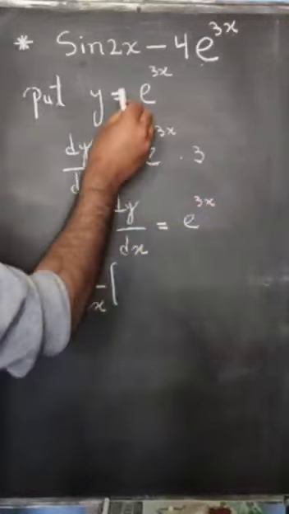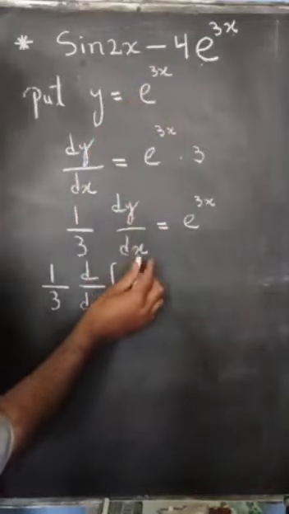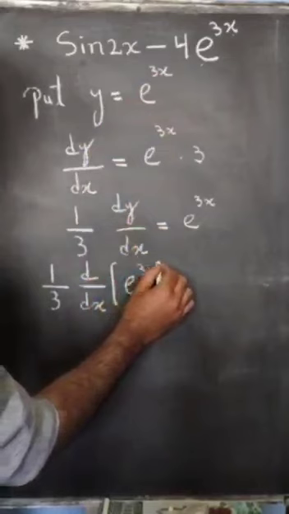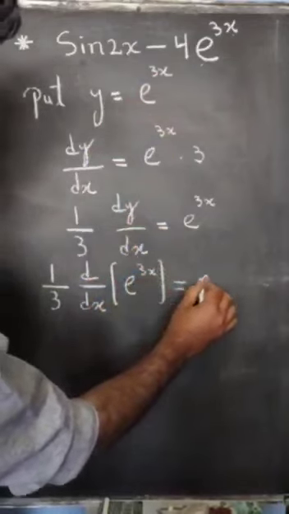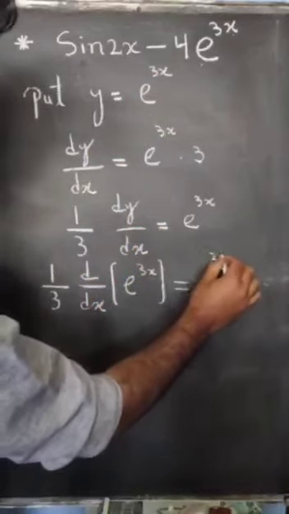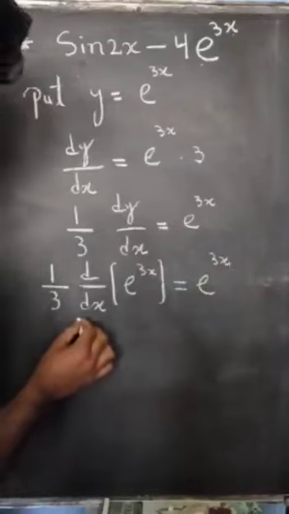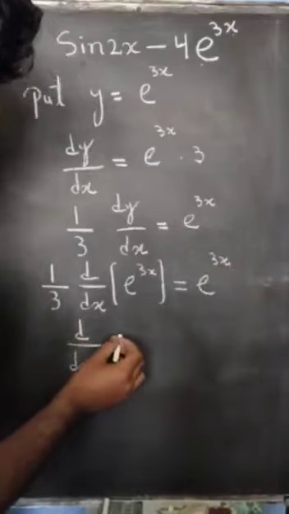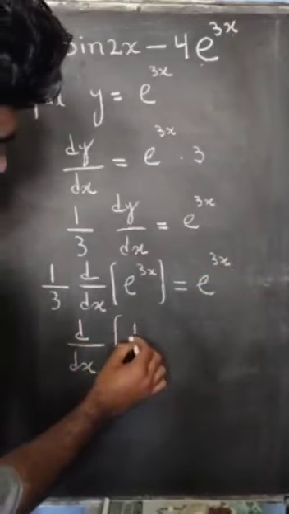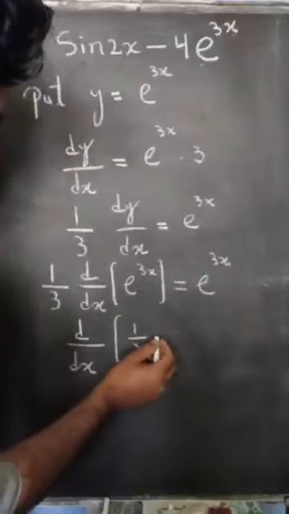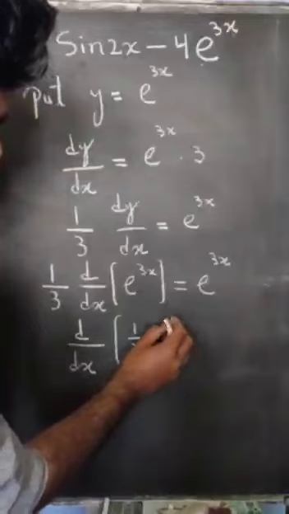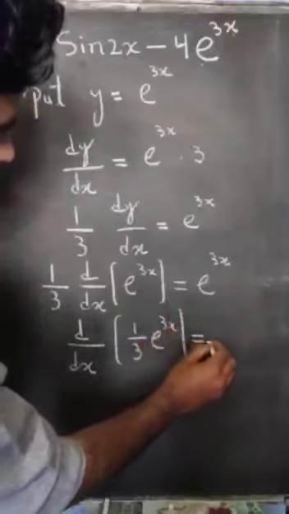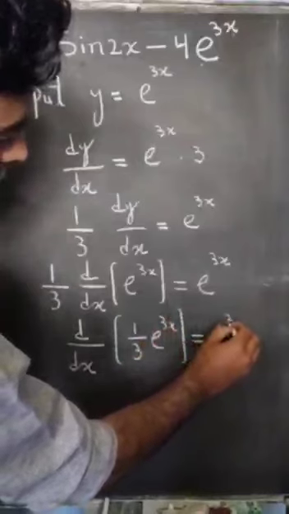Now we write e raised power 3x instead of y, so we get it's equal to e raised power 3x, which further implies d by dx of 1 by 3 times e raised power 3x is equal to e raised power 3x.